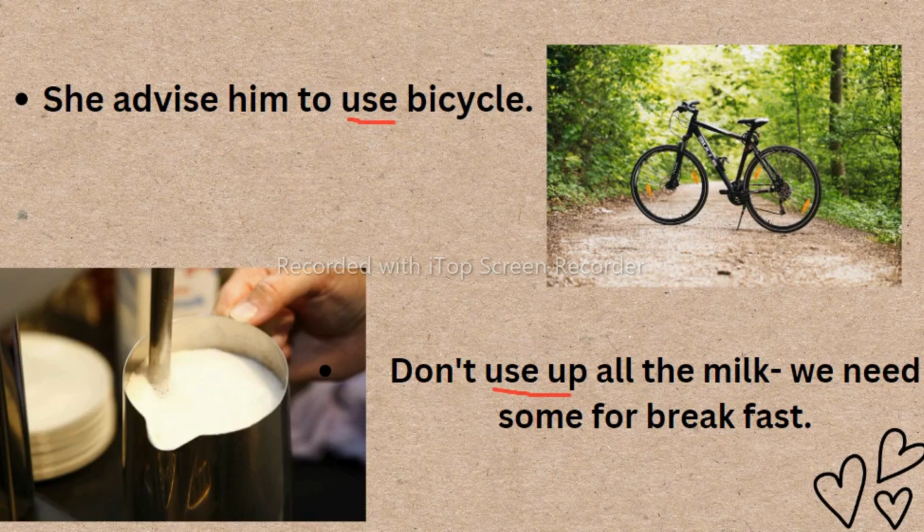For example, she advised him to use a bicycle. But the phrasal verb use up means to consume something completely, so that nothing remains. Don't use up all the milk. We need some for breakfast. So don't completely use it, leave some for breakfast as well.